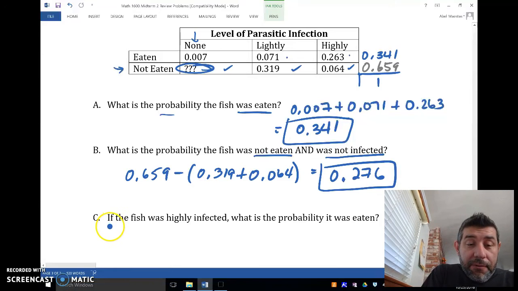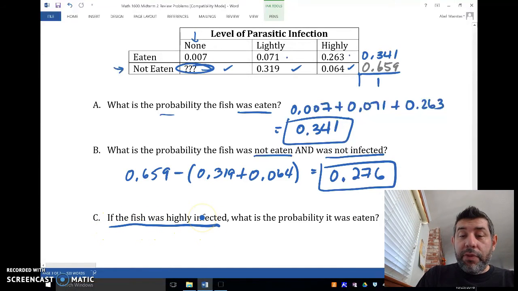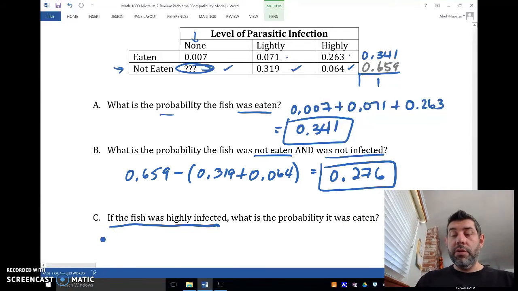Okay, so the last one here. If the fish was highly infected, what's the probability it was eaten? So this is a conditional probability problem. It's the probability that the fish was eaten given that it was highly infected.